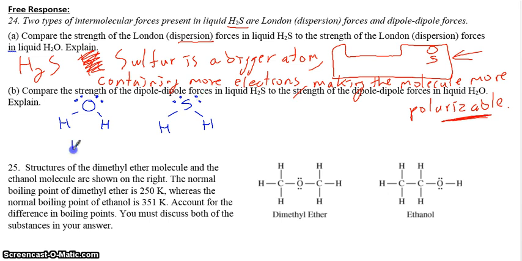So both of them are bent, and because they're asymmetrical, they're both polar. Now, the dipole-dipole forces are actually stronger in water. This is because oxygen is more electronegative. The more electronegative you are, the more you pull the electron density toward yourself, creating a more negative side and leaving a more positive side on the other.